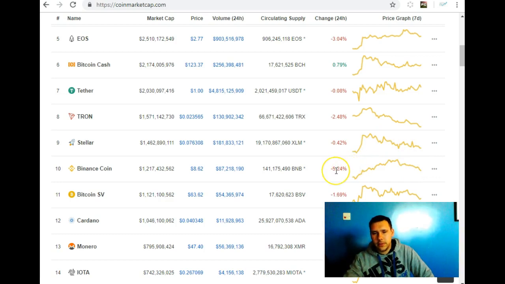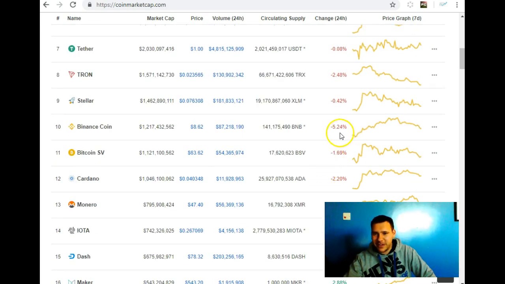Binance, at the minute, is launching its own decentralized exchange and having its own blockchain. Lots of exciting things going on with Binance. A fantastic token in general, which is obviously going to be a coin. To see it down 5.24%, believe it or not, is actually very exciting as well.